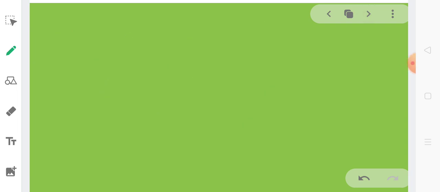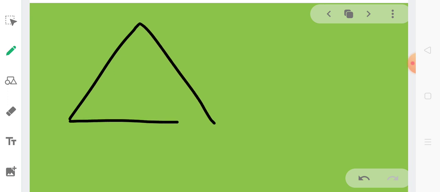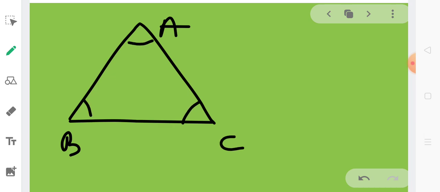So for this, suppose I consider a triangle ABC and I mark the angles, angle A, angle B and angle C, and the sides are given as a, b, c.